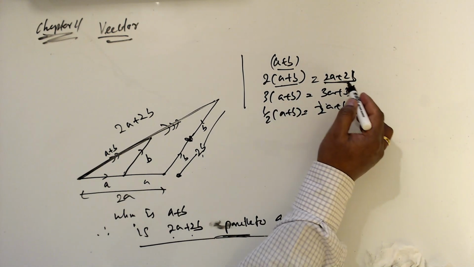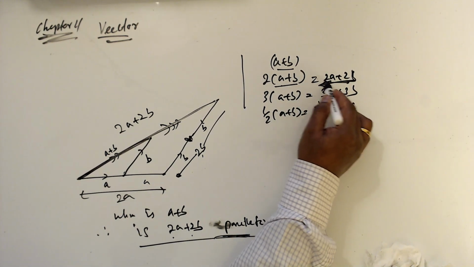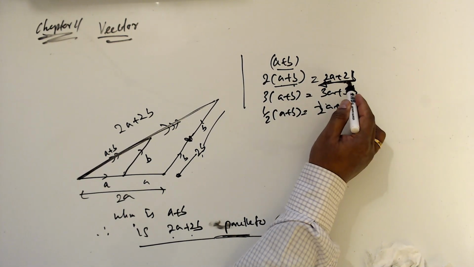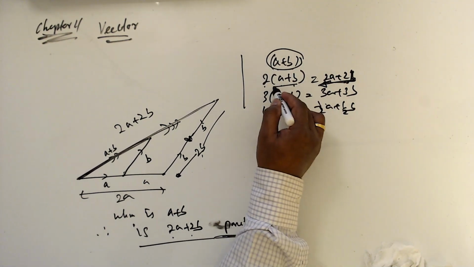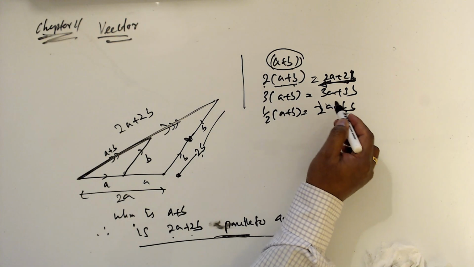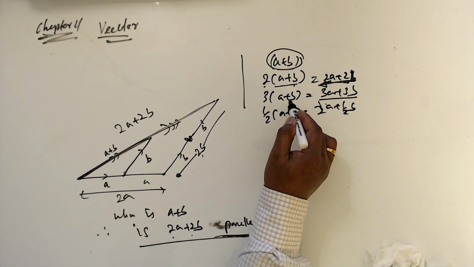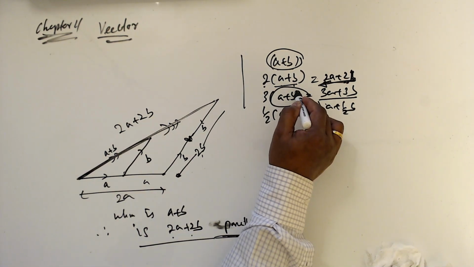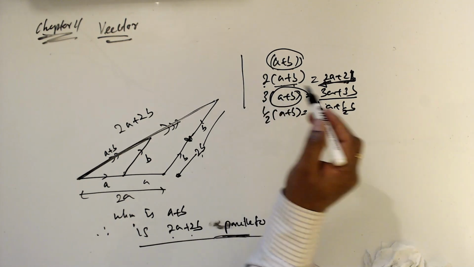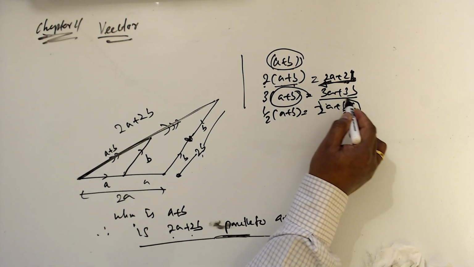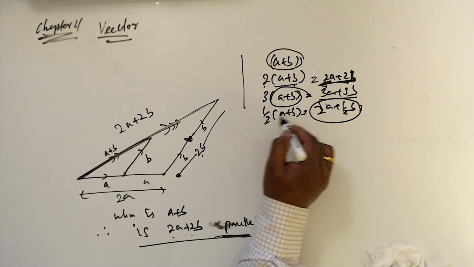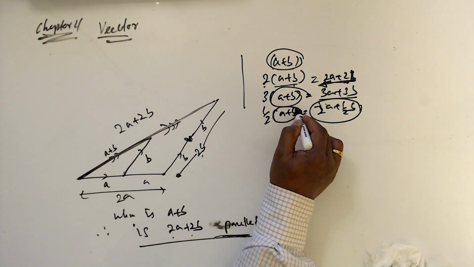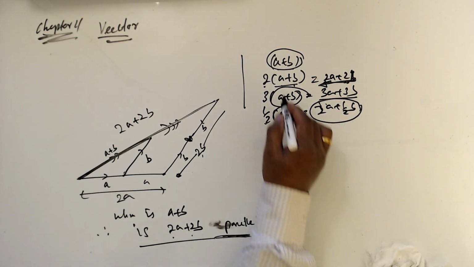In another way, if you can write 2A plus 2B as a multiple of A plus B, 3A plus 3B, you can write as a multiple of A plus B. Half A plus half B, you can write as a multiple of A plus B. It means they are all parallel.